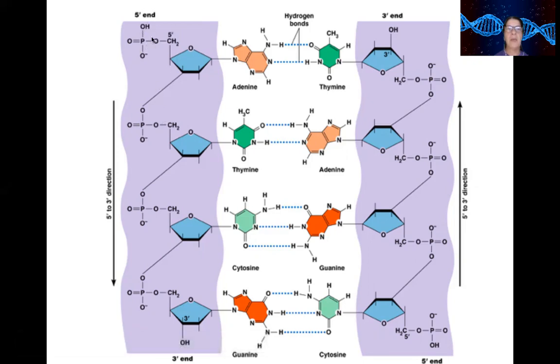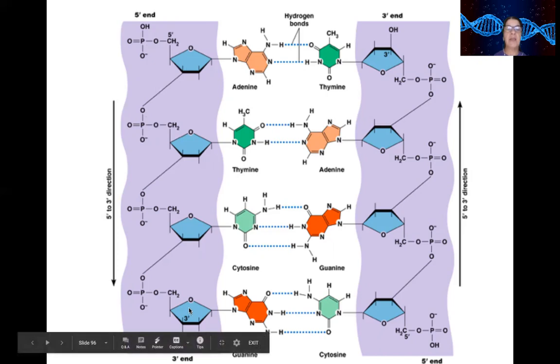Why? Because the first nucleotide will use its hydroxyl group on the 3rd position, right here, the 3rd carbon, and form a link with the phosphate group of the next nucleotide. This nucleotide will use its hydroxyl group and form a link with the phosphate group of the next nucleotide, and so on until you reach the very end.